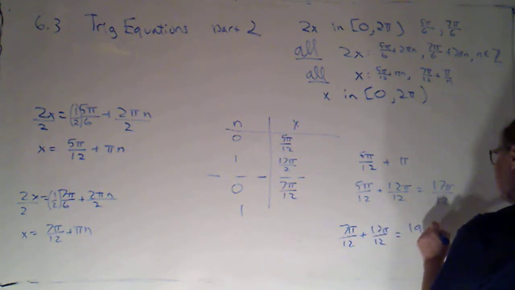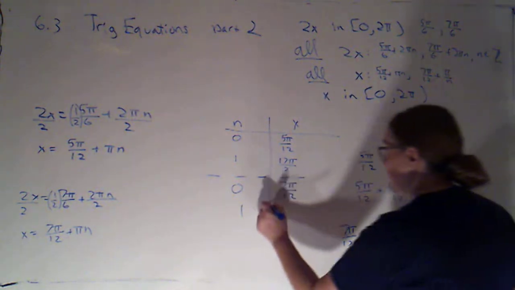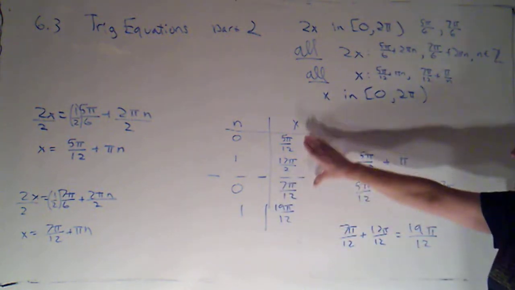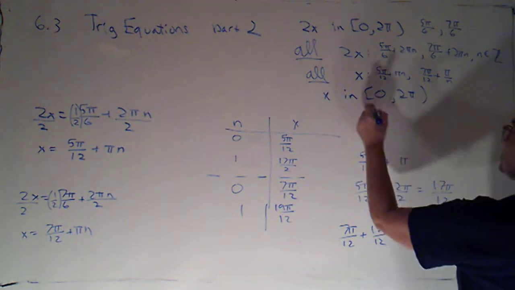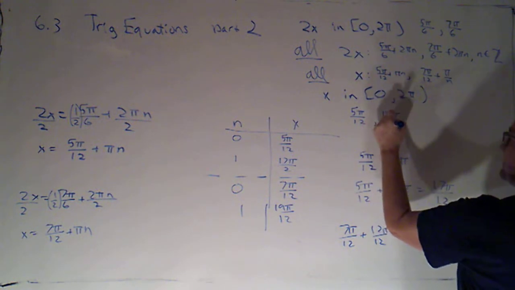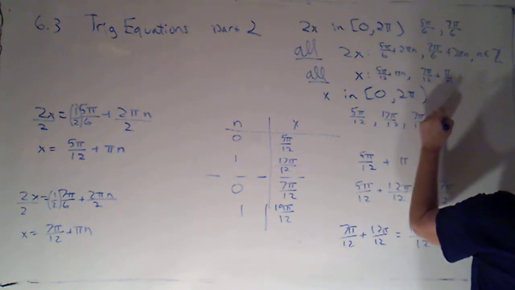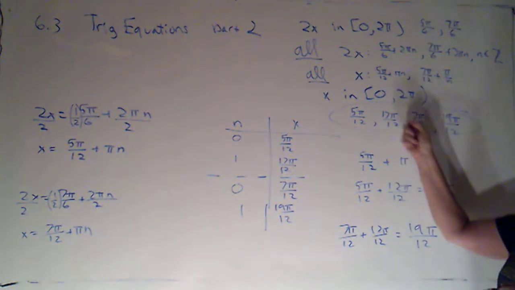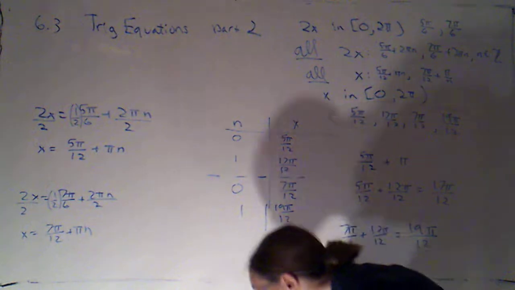That's going to be 19 pi over 12. That is still smaller than 24 pi over 12. So I actually end up with 4 solutions between 0 and 2 pi. So here's 5 pi over 12, 17 pi over 12, 7 pi over 12, and 19 pi over 12. That would be my answer for all the values of x between 0 and 2 pi.